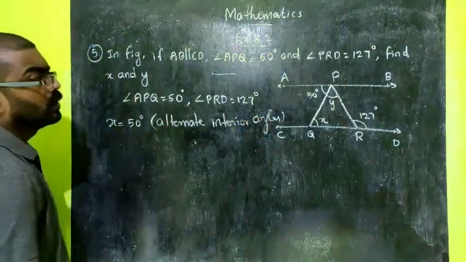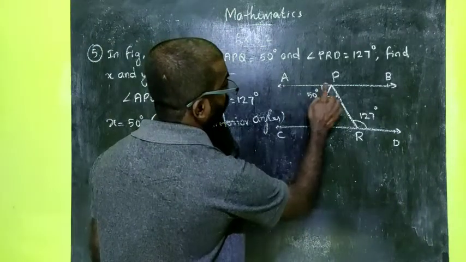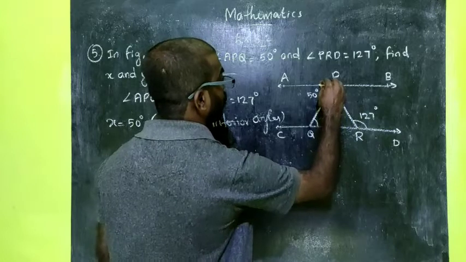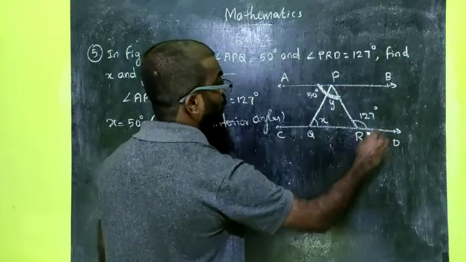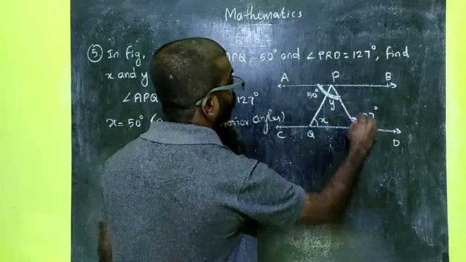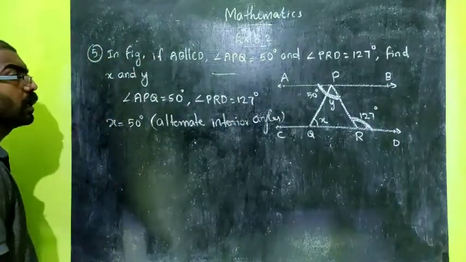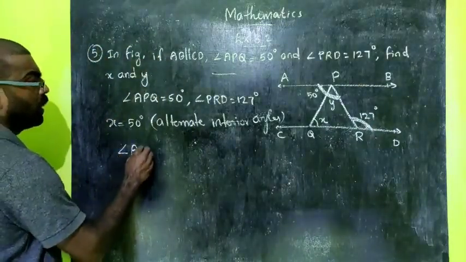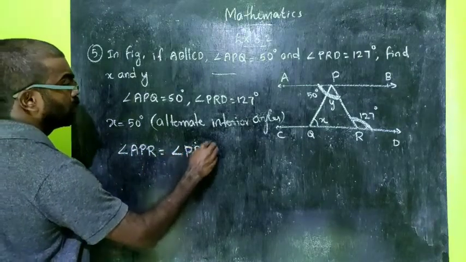Okay. Now we can write angle APR. This much angle. Angle APR will be equal to angle PRD. These two angles are also alternate angles. Okay. So angle APR equals angle PRD.